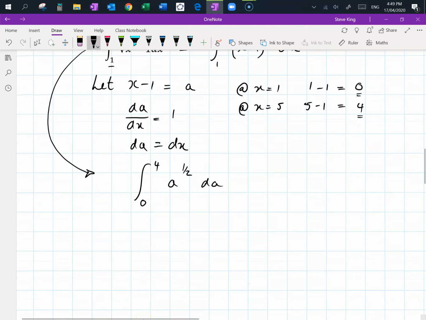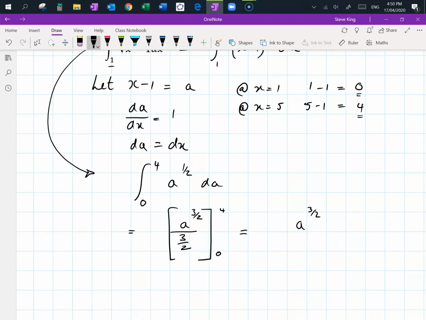My power of a is going to increase by 1, so this is going to be a to the 3 over 2. I'm going to divide by 3 over 2. And it's a definite integral, so it's going to be between 0 and 4. I can rewrite this as a to the 3 over 2, and instead of dividing by 3 over 2, I can multiply by its reciprocal, which is 2 over 3. And I want to work out that between 0 and 4.